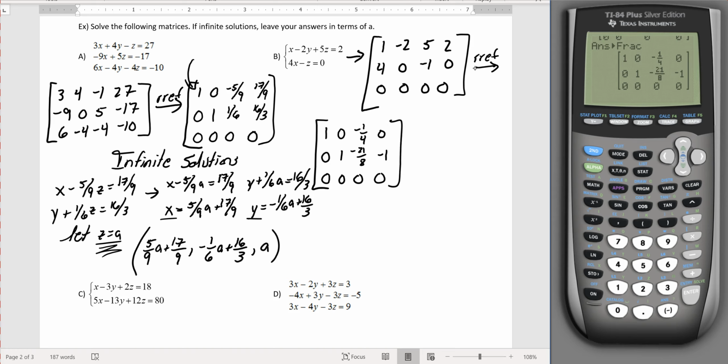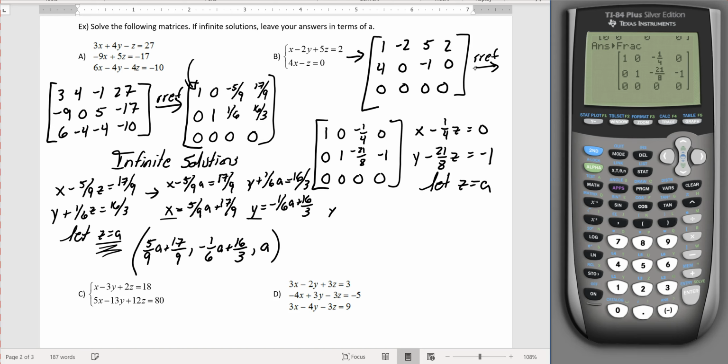So let's write the equations that we get from this matrix. So x minus 1/4 of z equals 0, and y minus 21/8 of z equals negative 1. Well, what do we say now? We need to solve for x and y in terms of z, but we let z equal a.